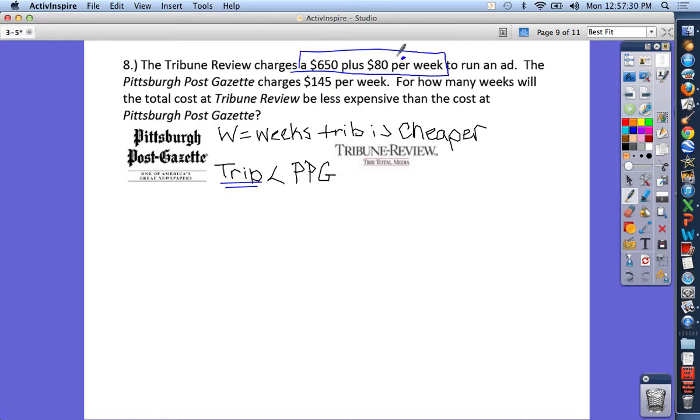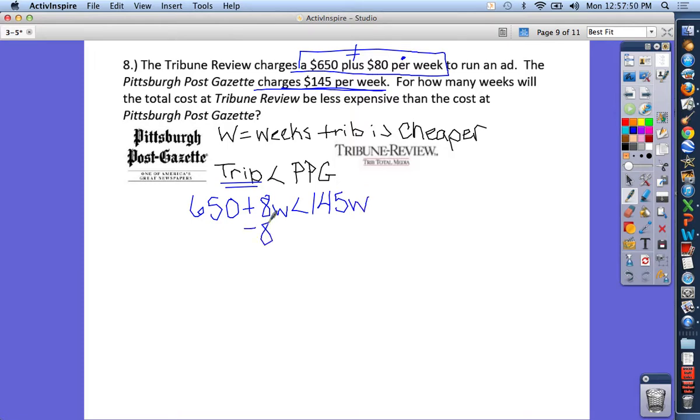So remember, per is times, and plus, so it's $650 plus $80 per week, or times week, is less than the Pittsburgh Post-Gazette, which doesn't have an upfront cost, but it's $145 per week.